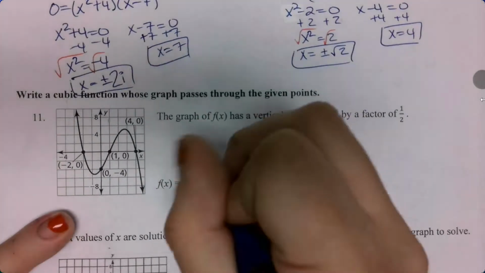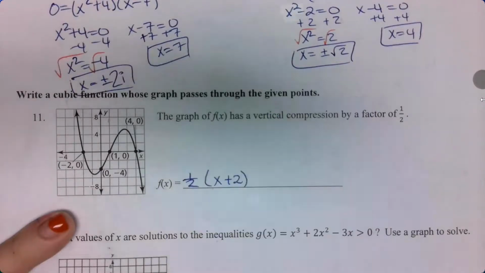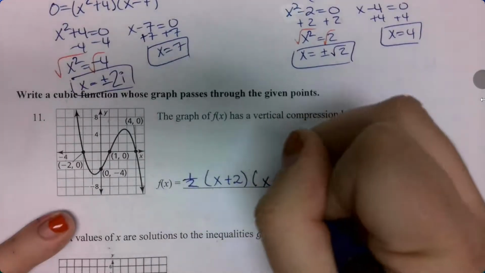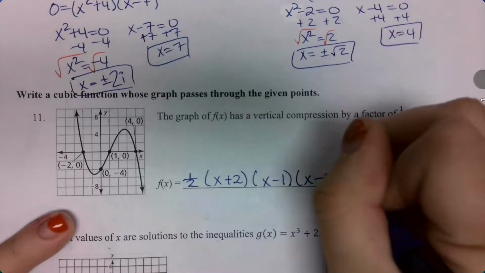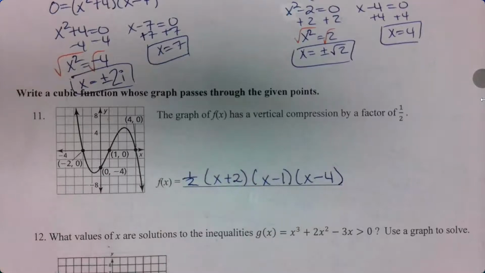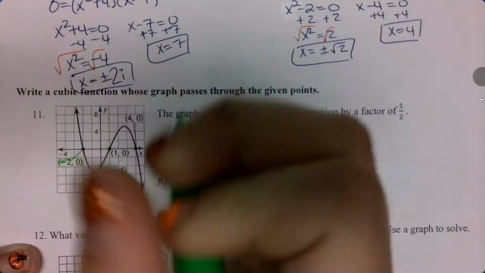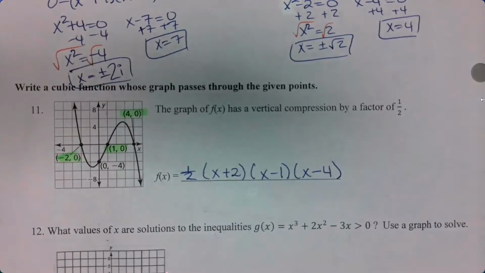Those are at x minus 2, so that's going to be x plus 2. Then there's one at 1, that's going to be x minus 1. And then there's one at 4, which is going to be x minus 4. So I was looking here, here, and here to get those values. And I do opposite their sign in the parentheses.